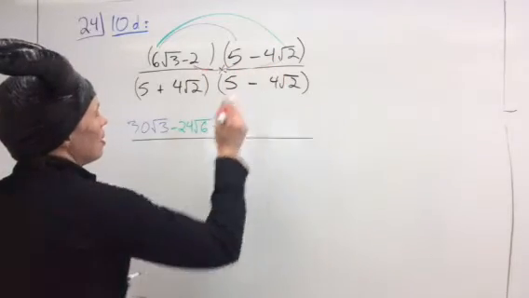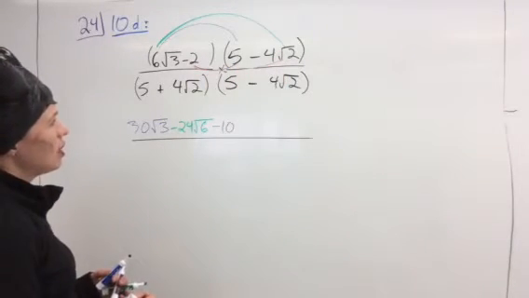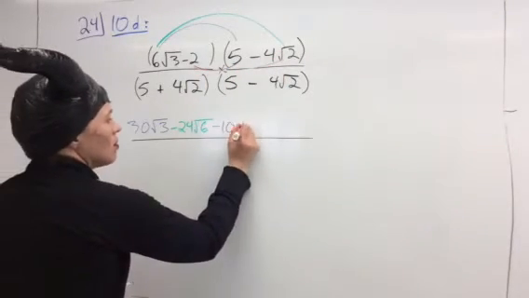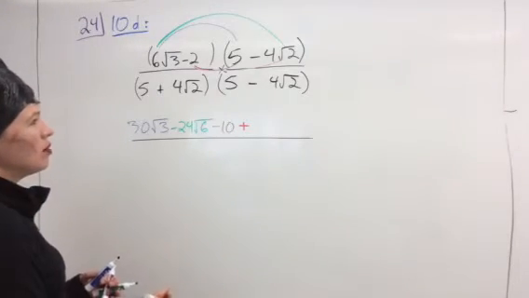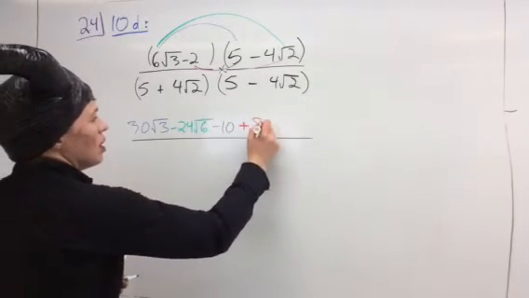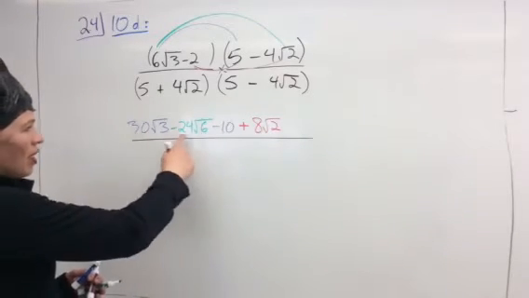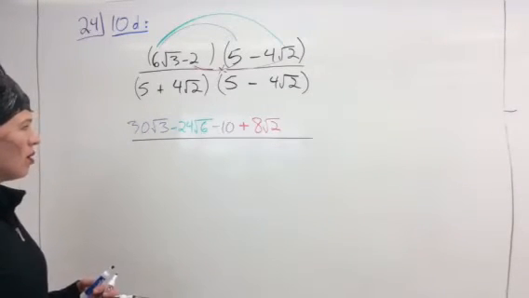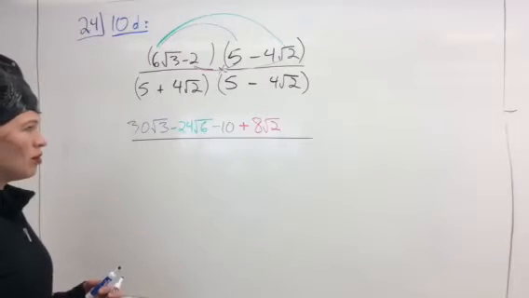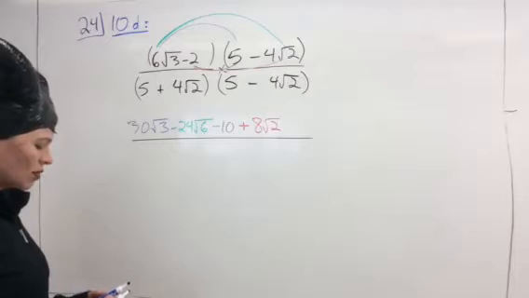And last, I have negative 2 times negative 4 root 2, so that's a positive 8 root 2. I can look right now and see that there's nothing on the top that has the similar root sign and nothing that can be simplified, so I'm going to leave that alone for now.